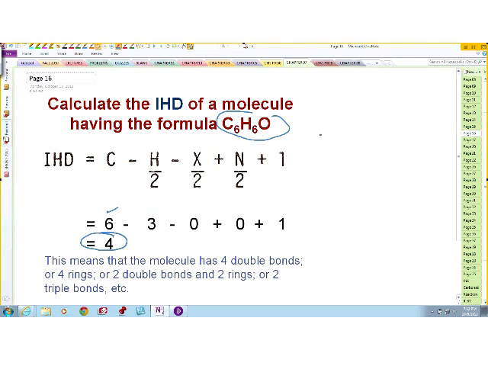Four double bonds, okay. Or 4 rings. All kinds of combinations, right? Or it could also mean a triple bond, a carbon-carbon triple bond, because the carbon-carbon triple bond gives you an IHD of 2.